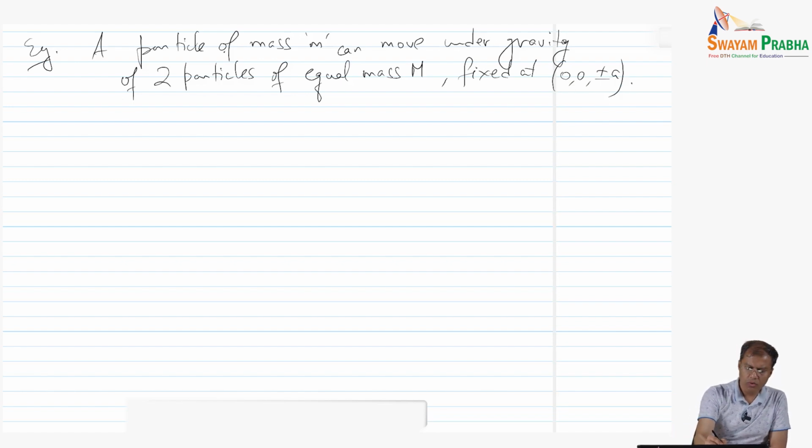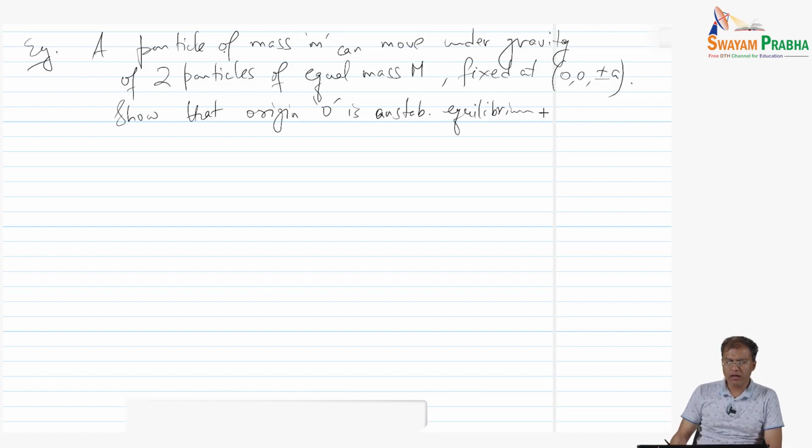We need to show that the origin O is an unstable equilibrium.